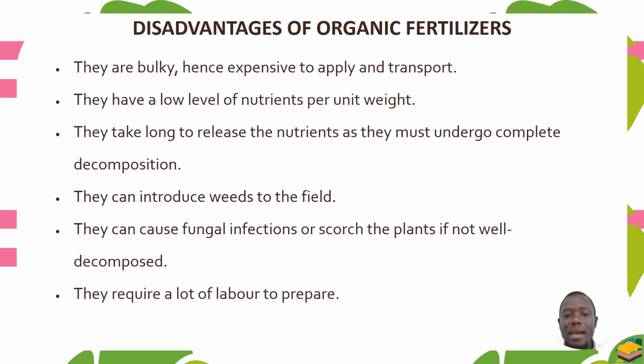So if you compare the same volume of organic and inorganic, you find that the organic has a small nutrient content per unit weight, and they take a long time to release nutrients. As they undergo complete decomposition, it takes time for this organic fertilizer to release the nutrients.